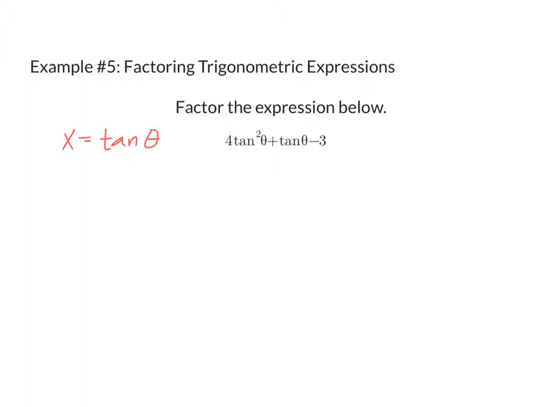Let's first rewrite everything in terms of tangent theta. So this is 4 tangent theta squared plus tangent theta minus 3. Okay, tangent theta is x, so if I replace tangent theta with x, I get 4x squared plus x minus 3.